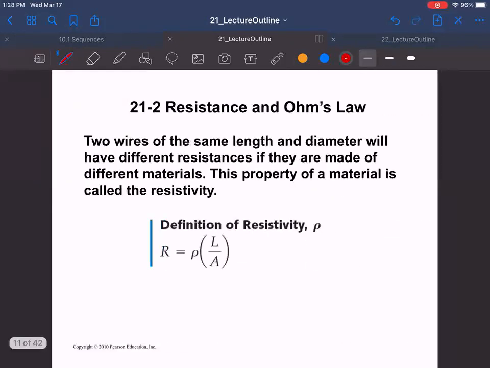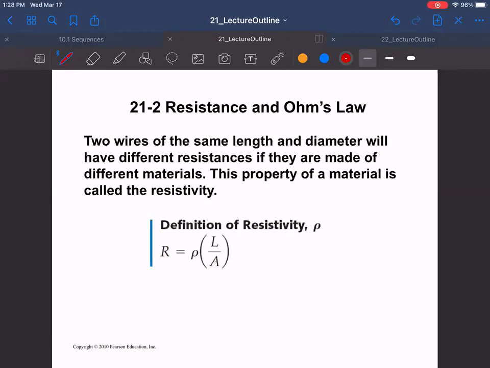All right? Here, what we have is something called resistivity. We use the Greek letter rho for this one. I don't really like presenting it as resistance equals rho times L over A because I feel like that makes the resistivity depend on the resistance.